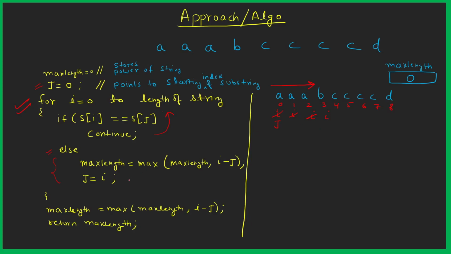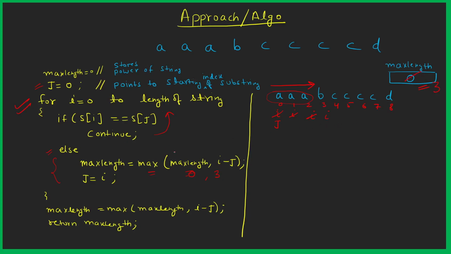So the maximum length will be the maximum of the previous maximum length, which is 0, and I minus j, which tells me the current window size. Here 3 minus 0 will be 3. So this 3 is the length of my current window size. So the answer will be 3, and I will update the maximum length to 3.